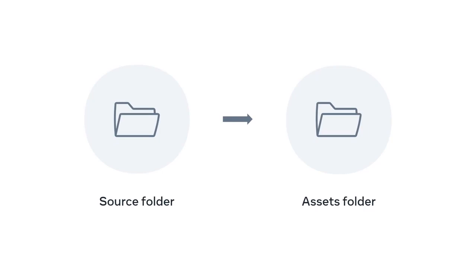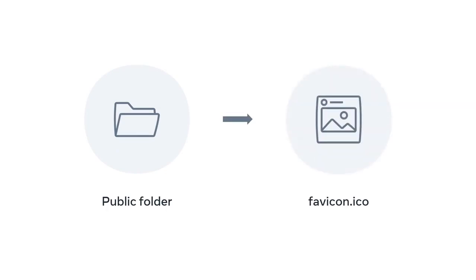A common way to do this is to add an assets folder inside of the source folder and keep all your app's assets there. Some assets can also be placed inside the public folder. For example, in the default React installation, you'll find that some images such as favicon and logo512 are stored there by default. The general rule for asset storage is that if your app can compile without it, you can keep it in the public folder.